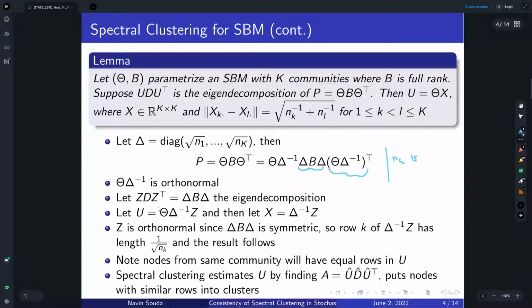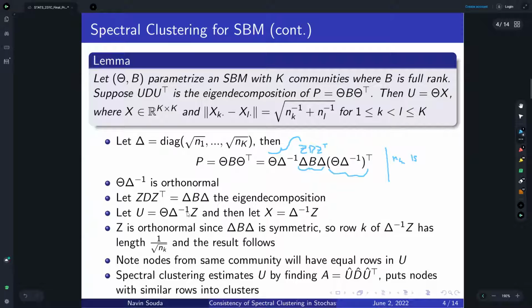So now we've turned this into Z D Z transpose. And so we let U equal the combination of these, theta times delta inverse times Z. Now we can define our X that we postulated would exist.